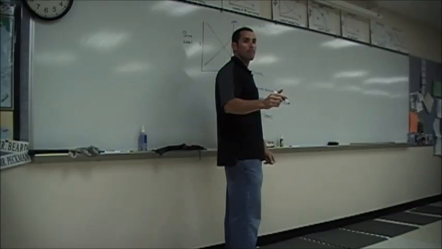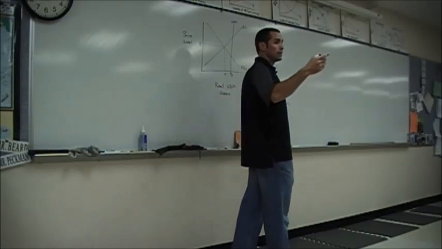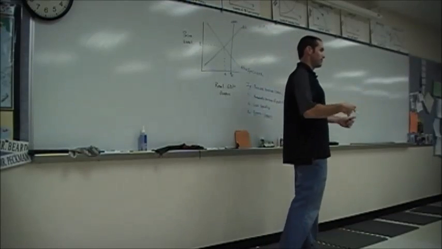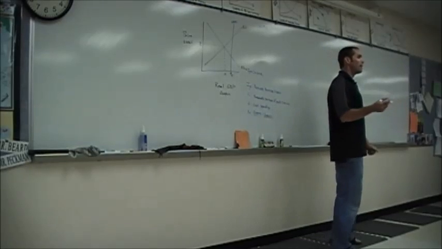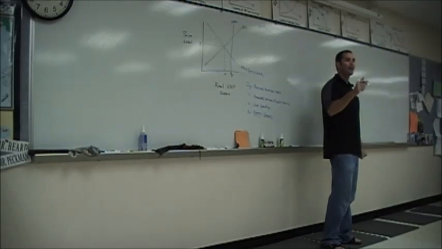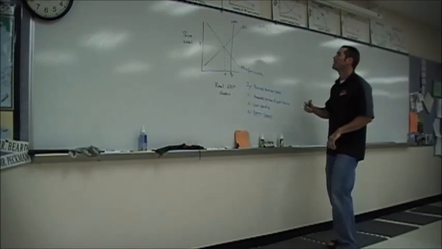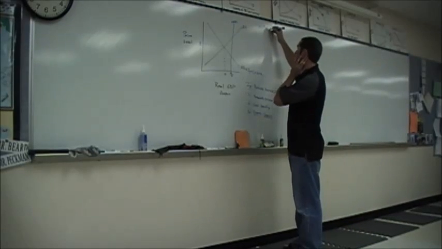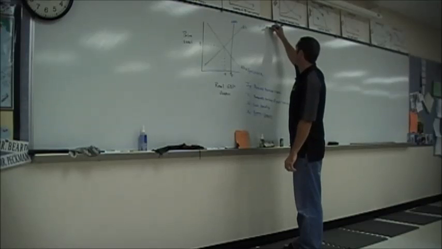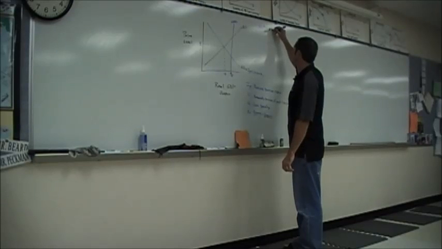Increased technology, education, capital, productivity. But what I'm looking for is a decrease in the cost of production. So increased aggregate supply would occur from a decrease in the cost of production.